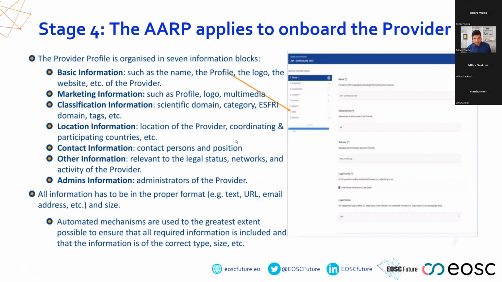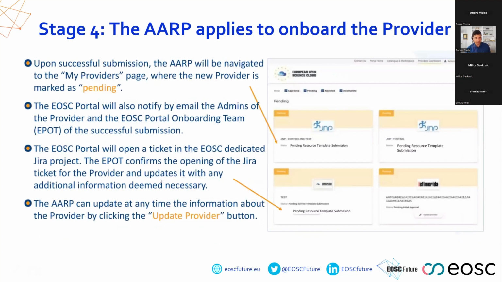Once this form is submitted, which includes the basic information, marketing information, classification, location, contact, other information, and administrative information, this application is sent to the EOSC Portal. And on the web page, we see the status of our provider application as pending.